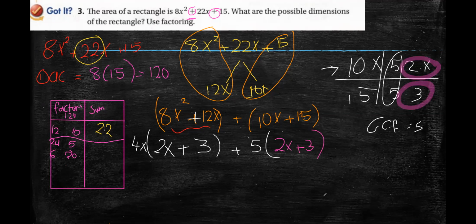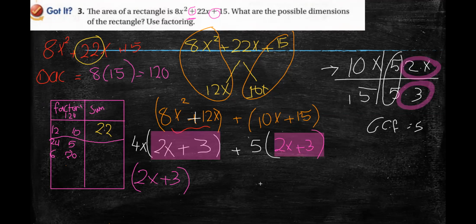Now, in the second step, look at the factored form. Here 2x plus 3 is the common factor. If I remove the 2x plus 3, as I told you yesterday, what is left is 4x plus 5.